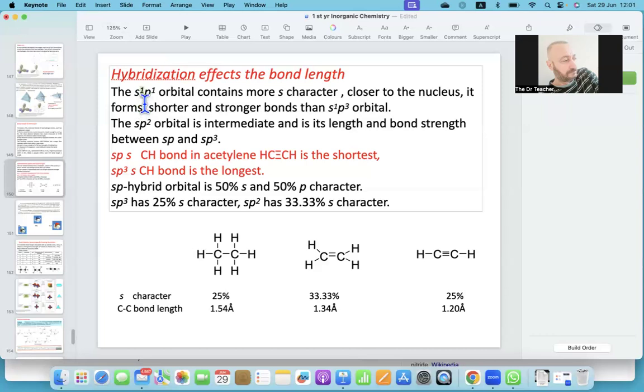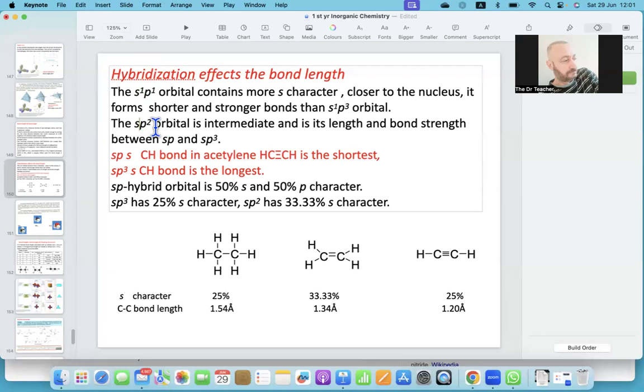So either we write s1p1 or sp, and s1p3 means sp3. As we said, with sp, the single bonds formed are shorter than sp3. Everything shorter means stronger.